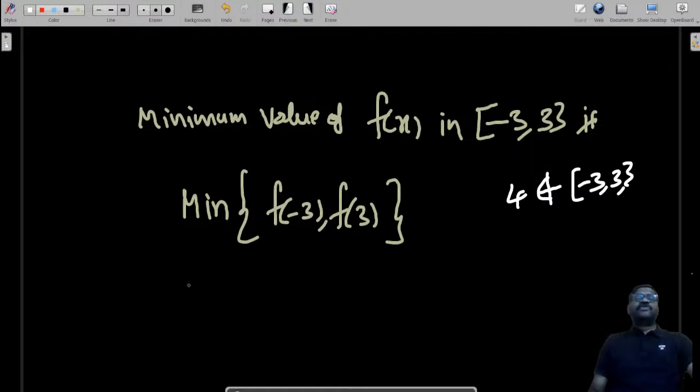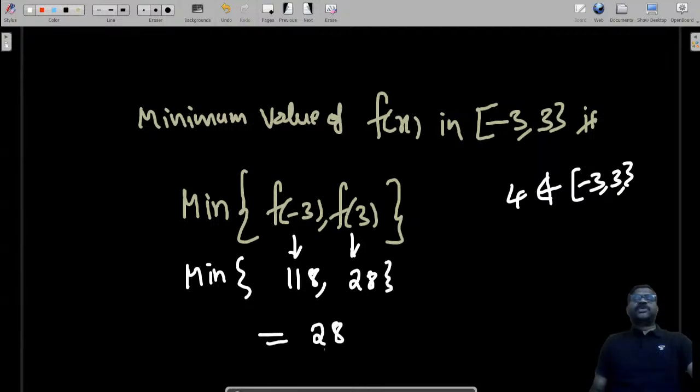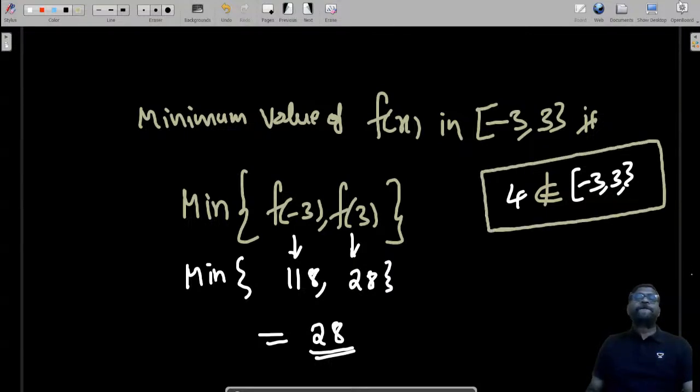That's why I have taken the minimum of only these two values, 118 and 28. Among these two values, the minimum value is 28. That's why the final answer is 28. Understood? Four does not belong to minus 3 comma plus 3.